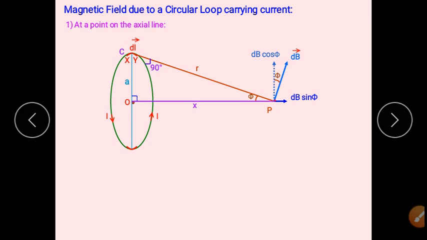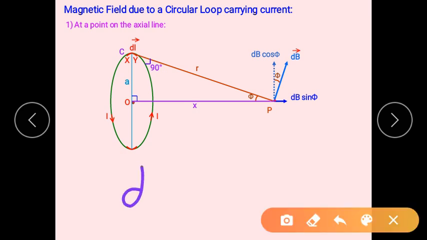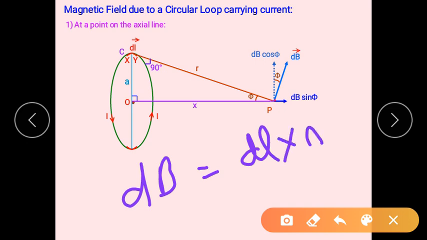One more point: the direction of dB is the direction of dl cross r. Always this dB will be perpendicular to the plane containing dl and r.